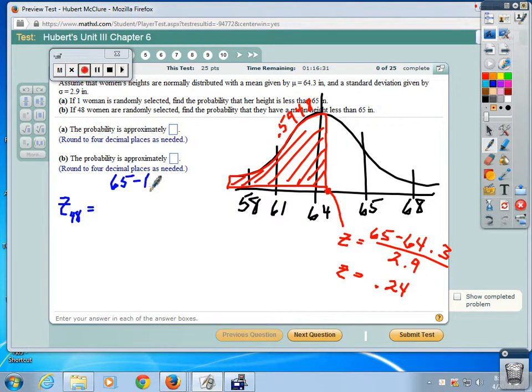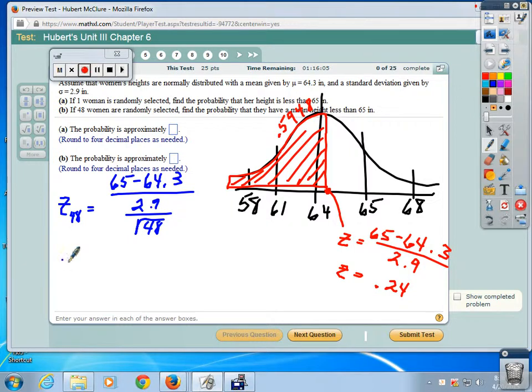65 minus 64.3 over 2.9 divided by the square root of what? 48. Well, the square root of 48, you don't have to be a rocket scientist. Square root of 49 is what? So the square root of 48 would be 6.9.